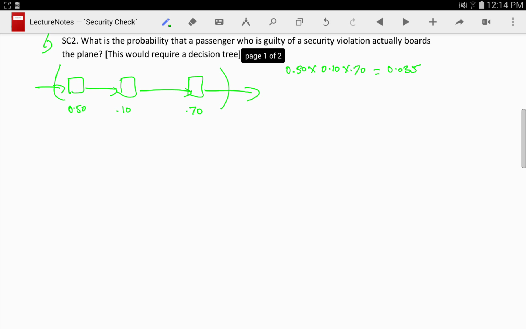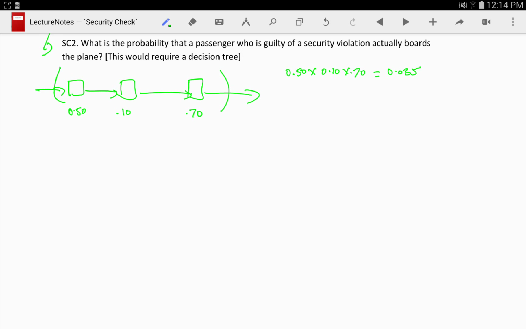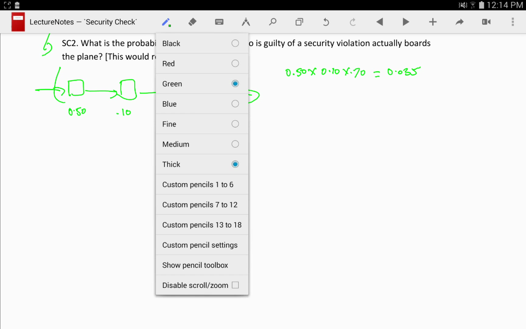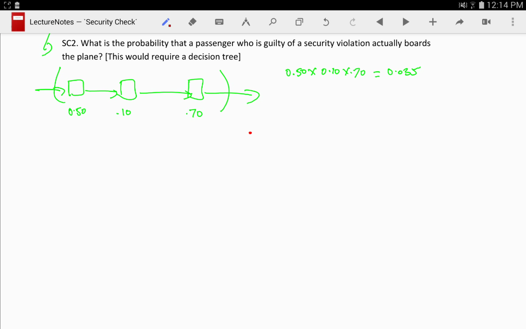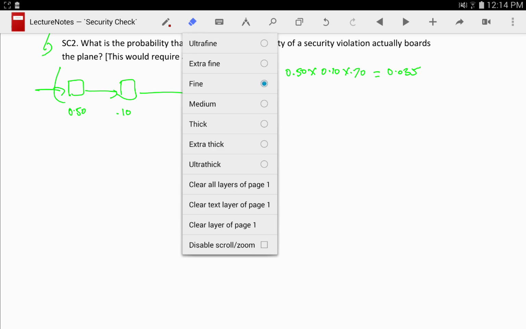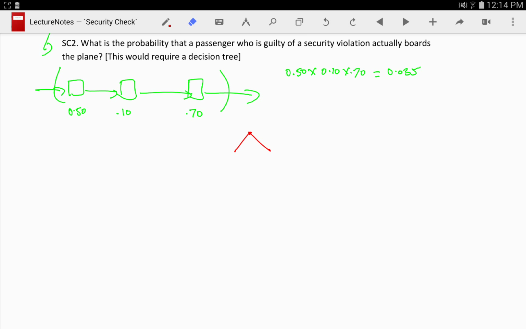Using the decision tree model, in the first step, he might get caught or he might not get caught.